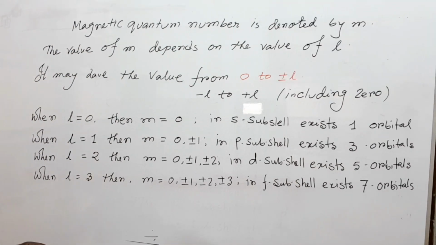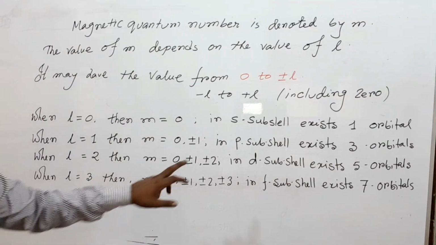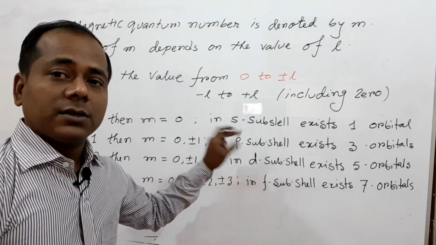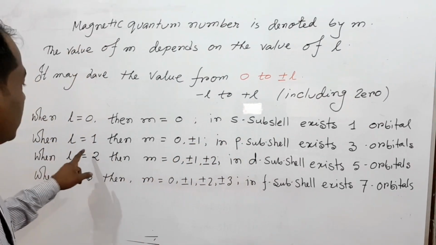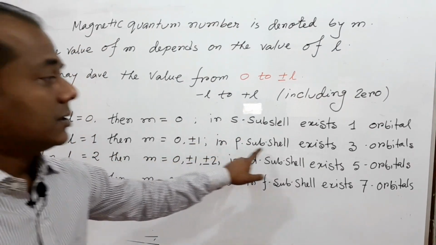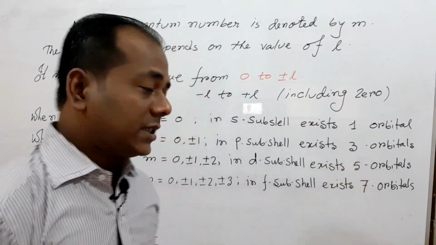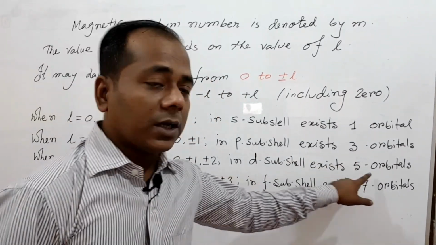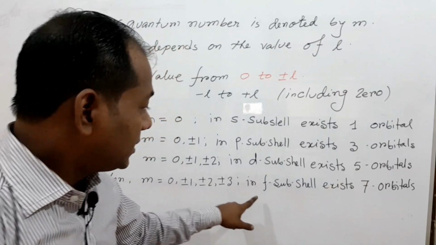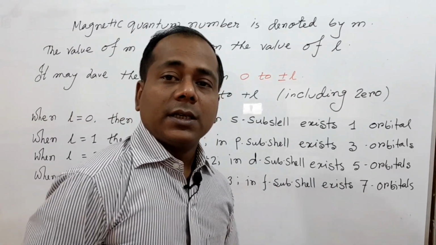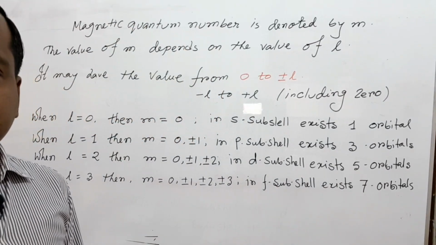So, the orientation of S orbital equal to 1, the orientation of P orbital equal to 3, the orientation of D orbital equal to 5, and the orientation of F orbital equal to 7.